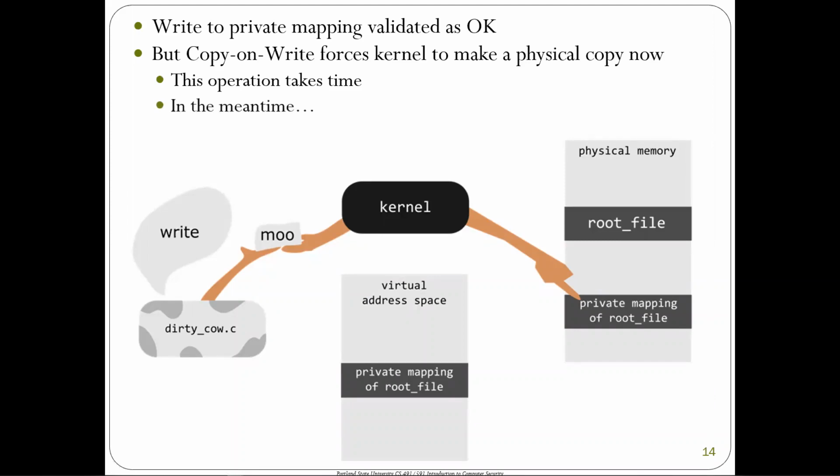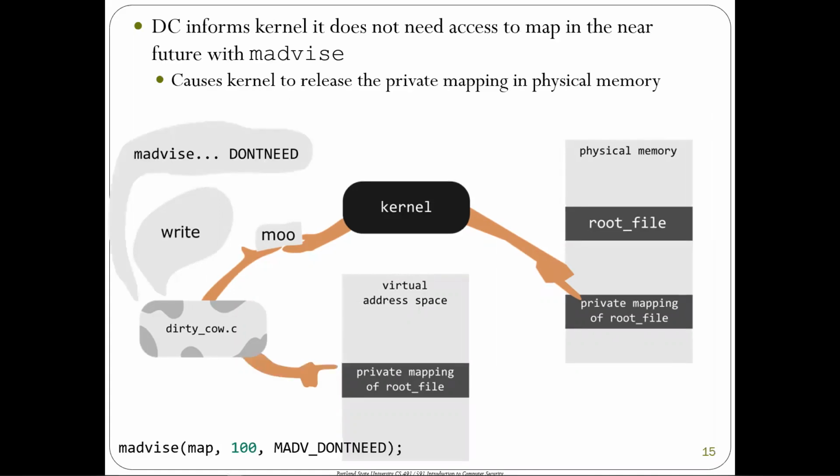Because in the meantime, the Dirty Cow program's like, you know what? I didn't need that after all. I did not need that mapping after all. I wrote to it, but nah, I don't need it anymore. And so madvise don't need. This causes the kernel to release this private mapping in physical memory.